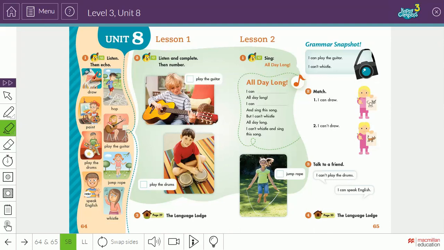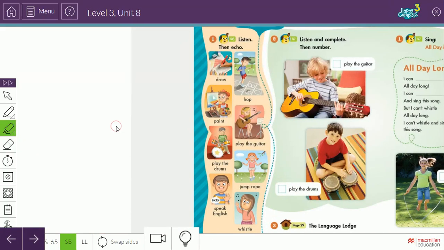Last session we finished Unit 7, and in today's session we will start Unit 8. Look at these pictures here to guess what Unit 8 is about. Look at these two boys and one girl.